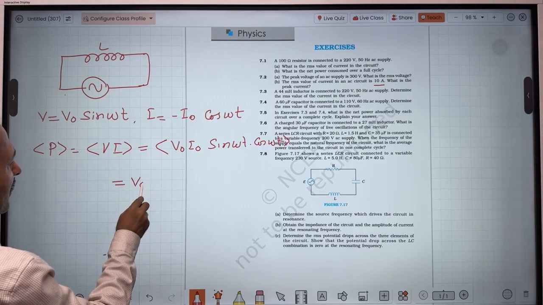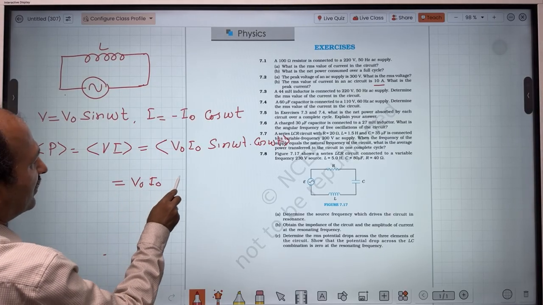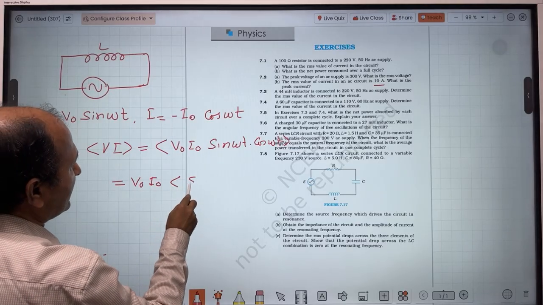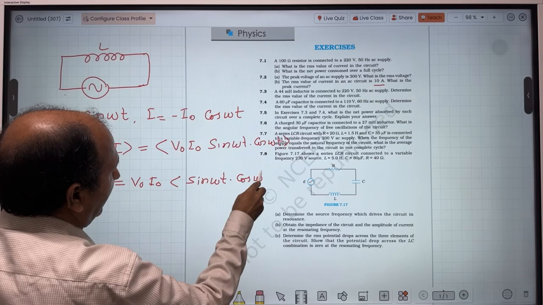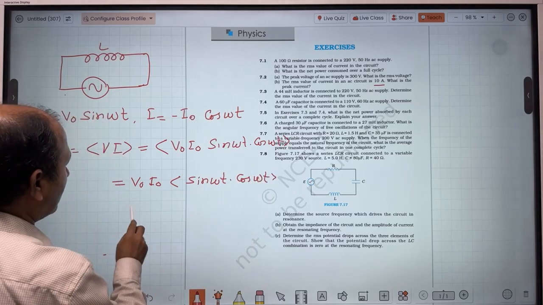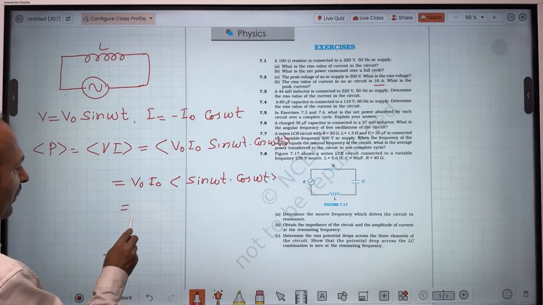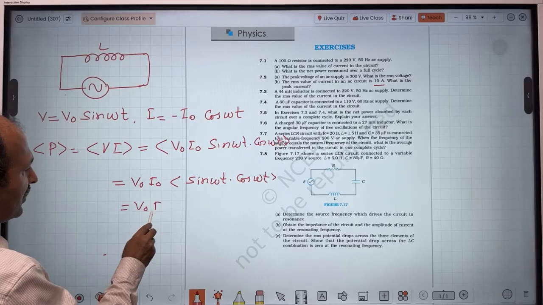So V0 I0 outside, then we are left with sine omega t cos omega t, right? So we can divide and multiply by 2.